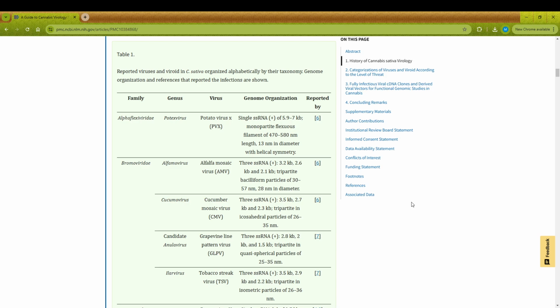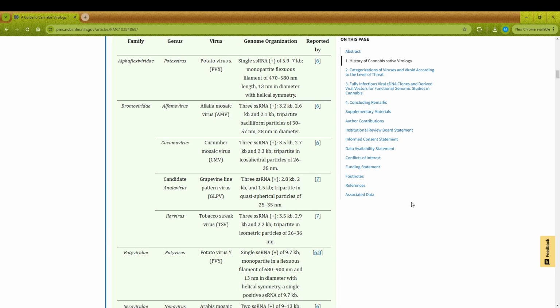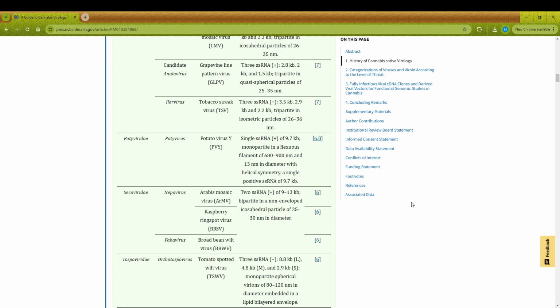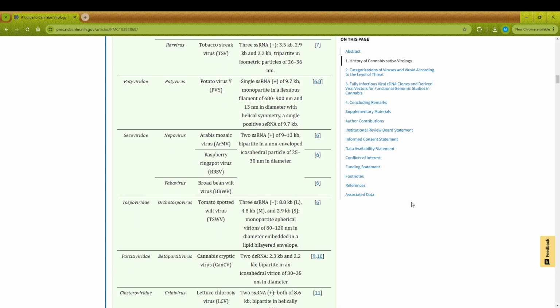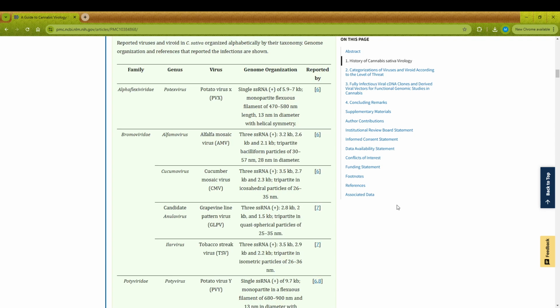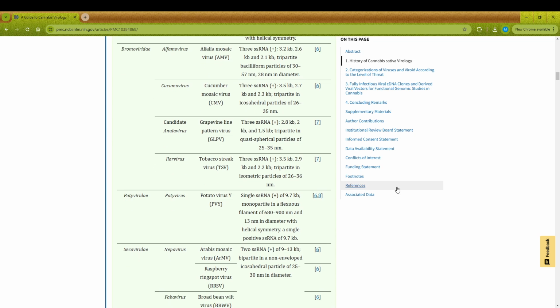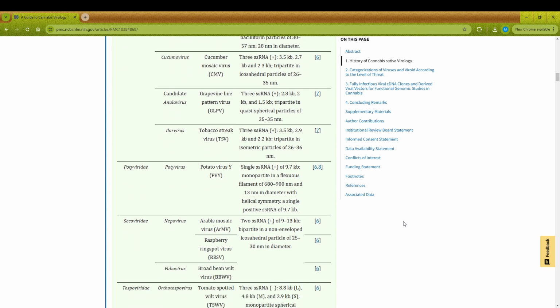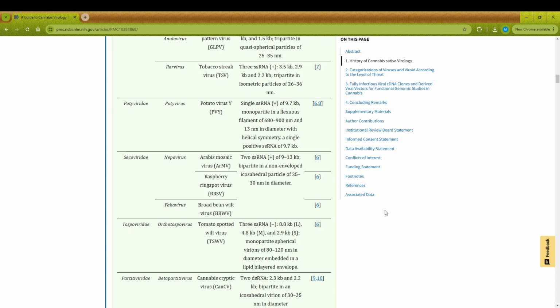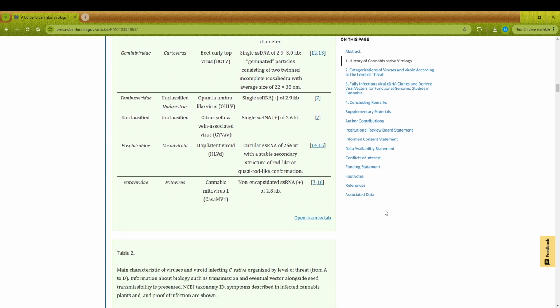One thing I was looking for was a general terminology about what I was seeing, right? And they've got quite a few different things here: potato virus, alfalfa mosaic virus, cucumber mosaic virus, grapevine line pattern virus, tobacco streak virus, potato virus. They've got just a slew of different viruses here.